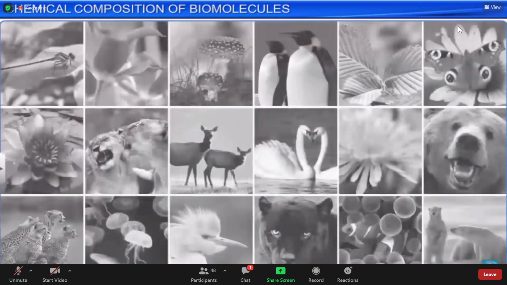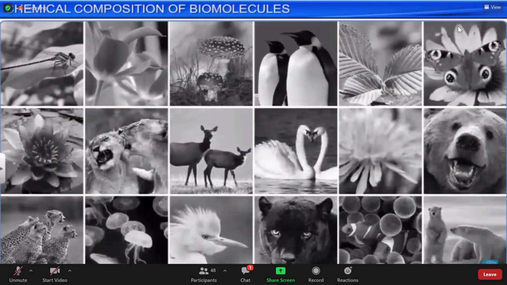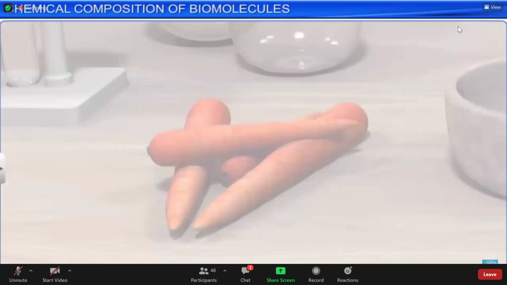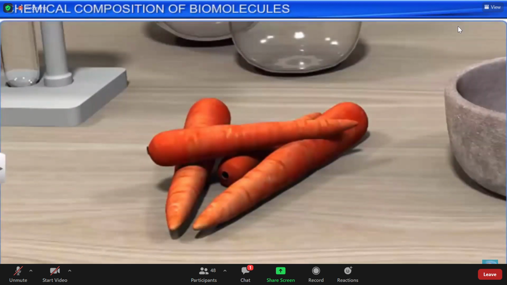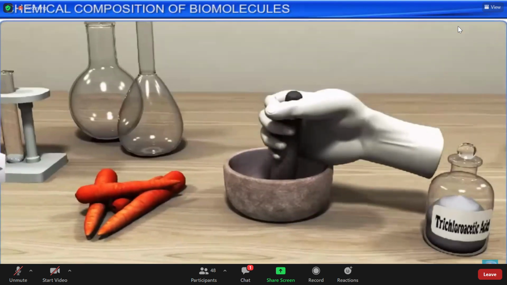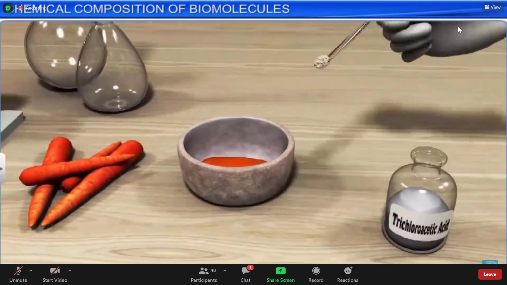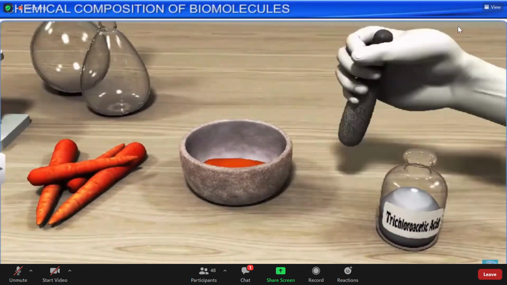To ascertain the chemical composition of organic compounds in a living organism, we perform chemical analysis. For example, to find the chemical composition of a living tissue, such as a vegetable, carrot, we first grind it in trichloroacetic acid.